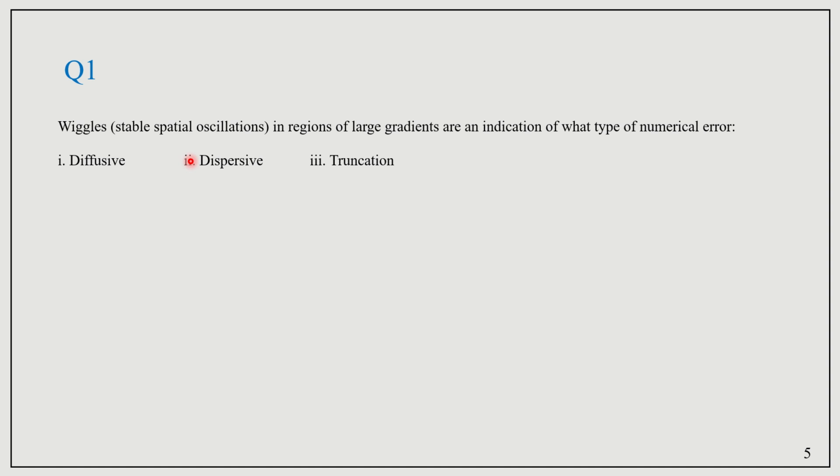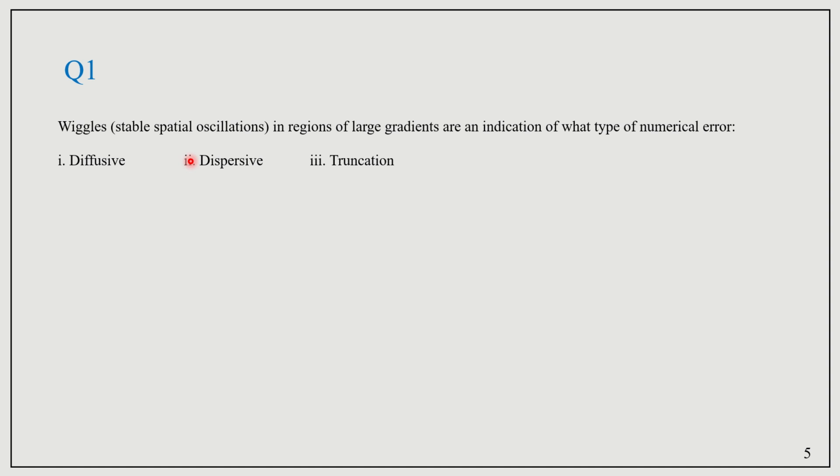Dispersive error is the appearance of spurious oscillations or small wiggles in the solutions. That is, these wiggles occur due to dispersive errors.